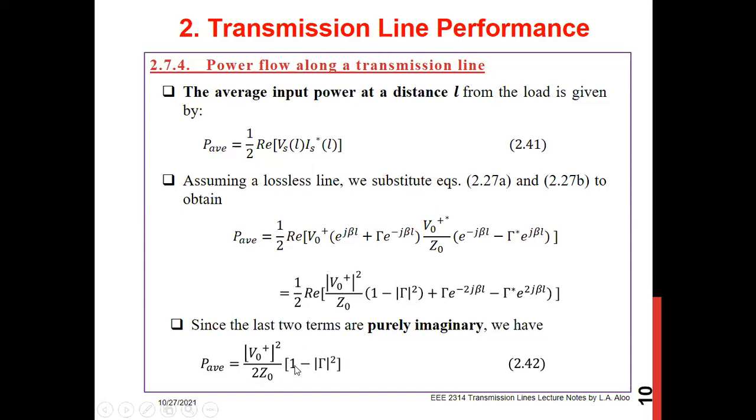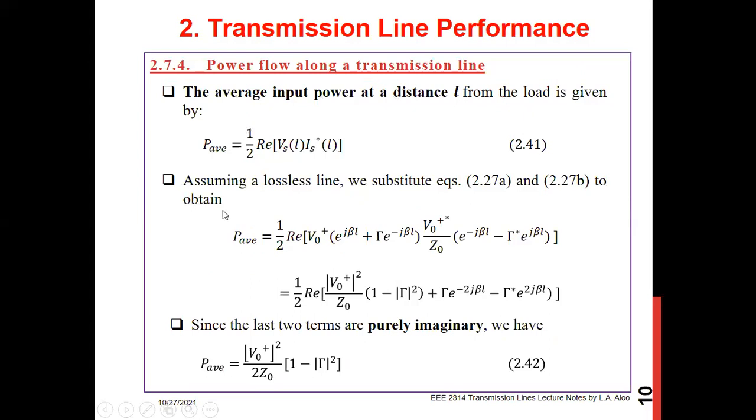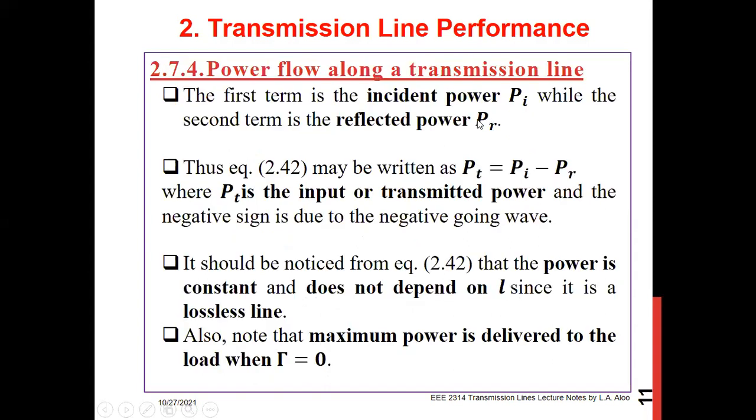The first term will represent the incident power, which we usually designate as PI in the transmission line. And the second term with the negative will represent the reflected power. We usually call it PR.